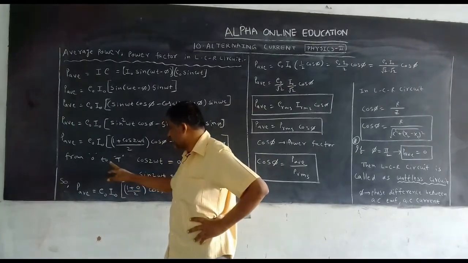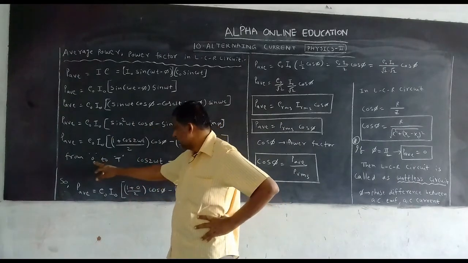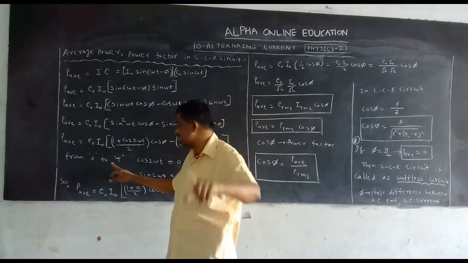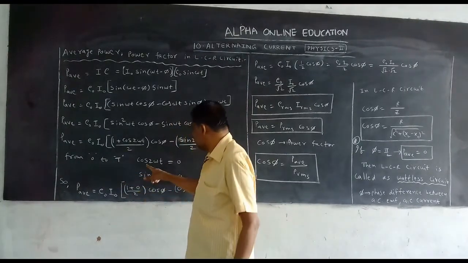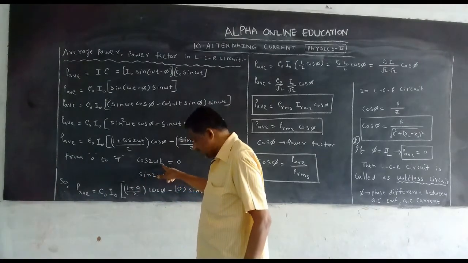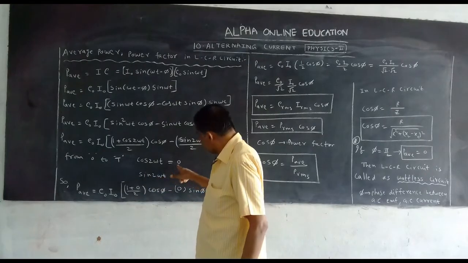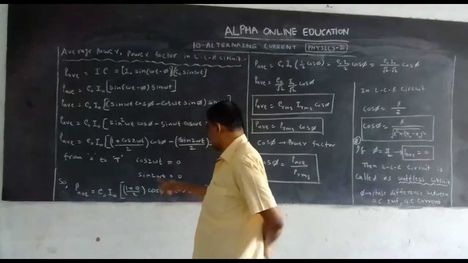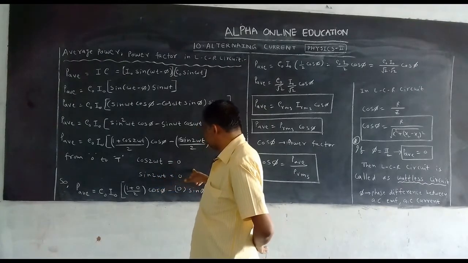From 0 to capital T, that means in one time period, or 1 cycle. Over one cycle, cos 2 omega t is 0, and sin 2 omega t is also 0.